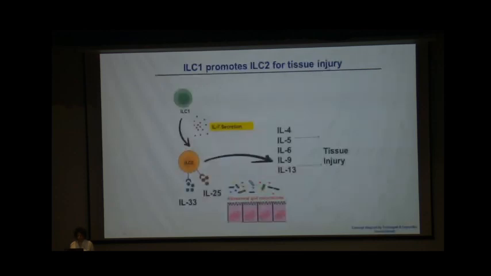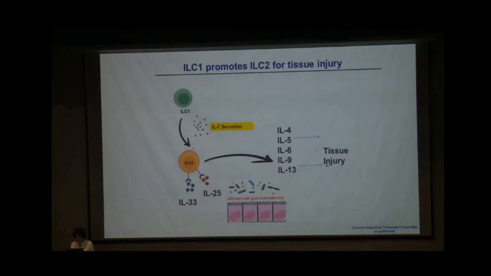ILC2 for the tissue injury, as I talked about, that in the severe sepsis or in the sepsis, there is more organ damage. So ILC1 with the ILC make the more of ILC2, which is IL-33, which are immunosuppressive. They produce IL-4, 5, 6, 9, and 13, and make the tissue injury.